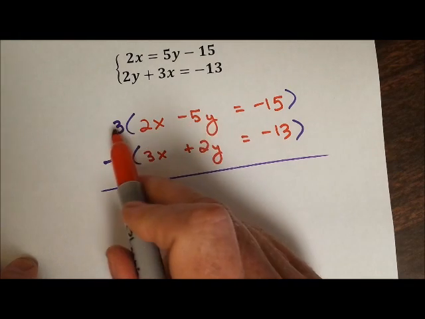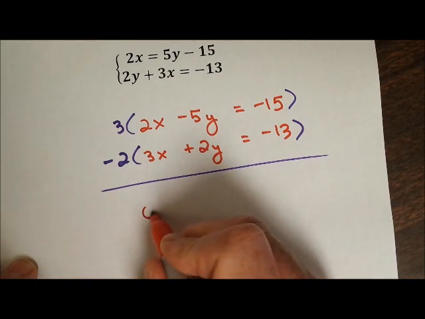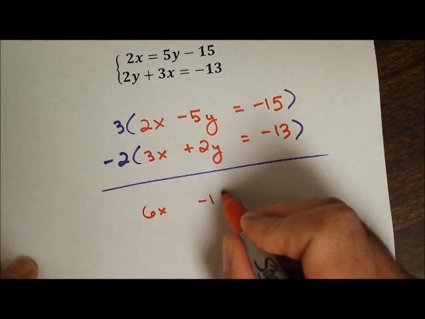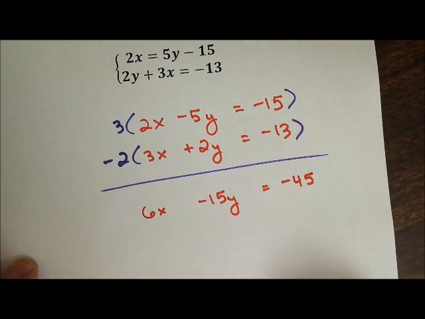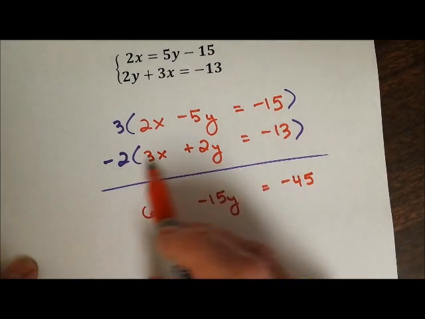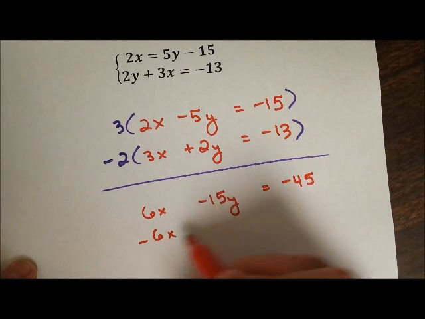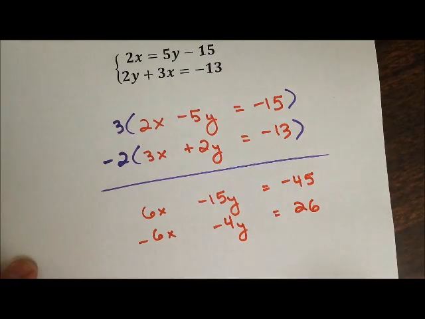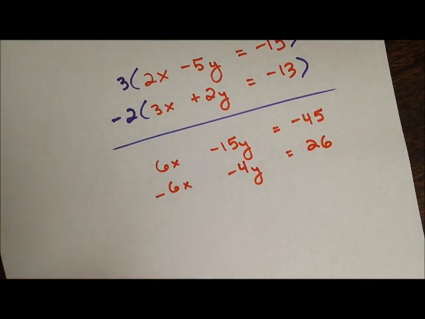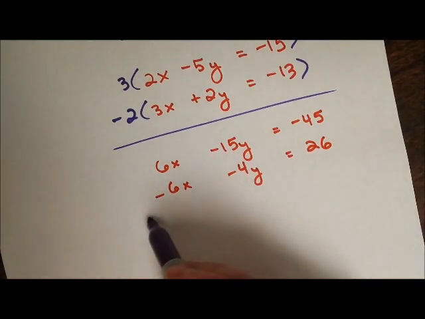I'm going to multiply everything by 3, so I have 6x minus 15y equals -45. And the second equation, I'm going to multiply everything by -2. Alright, so now notice what happens when I add these two equations together.